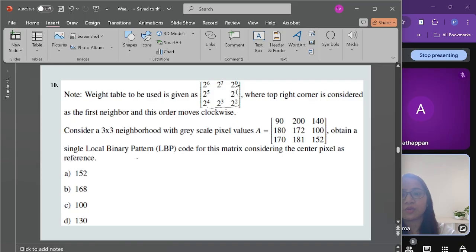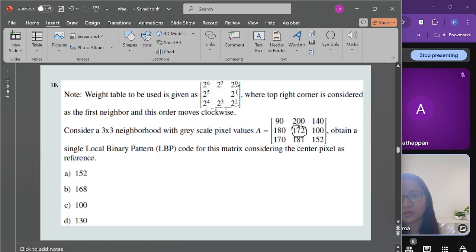Obtain a single local binary pattern code for this matrix considering the center pixel as a reference. So we have to use the center pixel as a reference to obtain the local binary pattern.